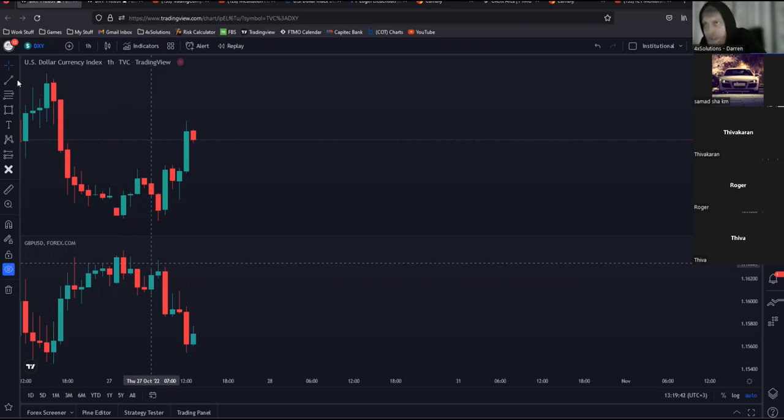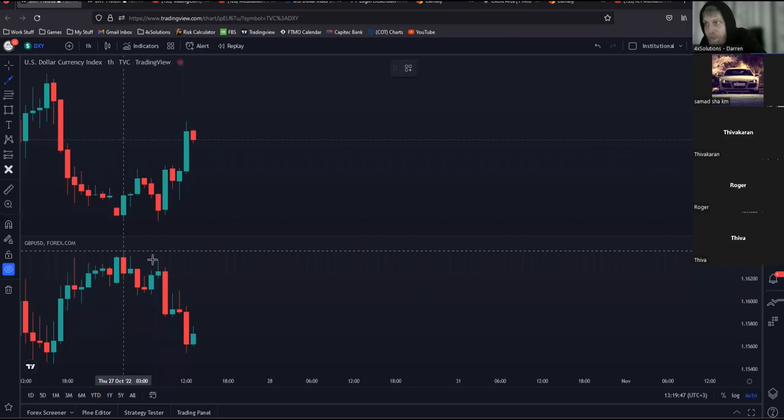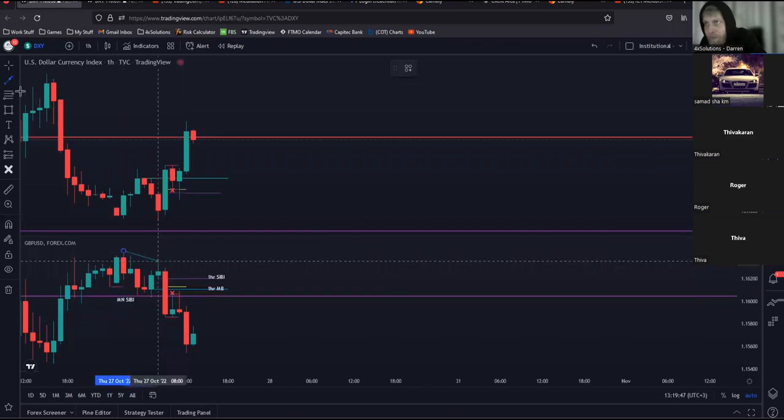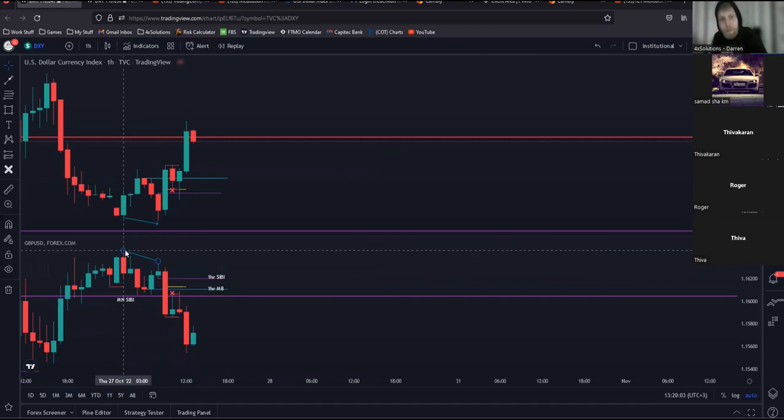So where's the SMT? GU has a higher low. Exactly, low or high. Okay, so there was that one. Now that's off of a breaker.